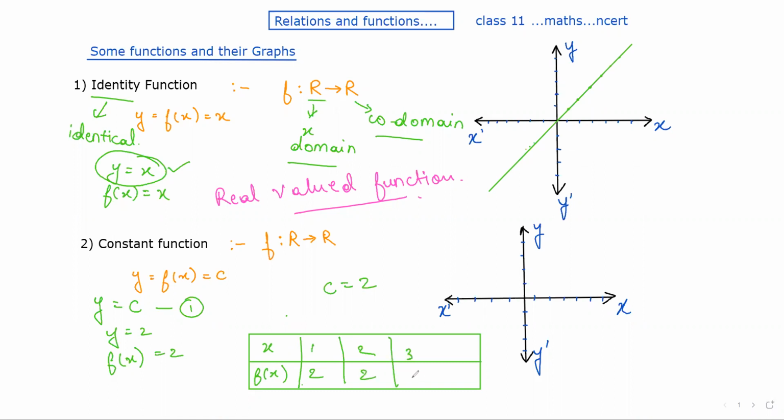For x equals 3, f of x is 2, and so on. No matter what value of x you place over here, you'll always end up with 2. So its graph would look like a straight line passing through y value 2. Why y value 2? Because f of x is 2. That means y is always 2, so it should be a straight line passing through 2.